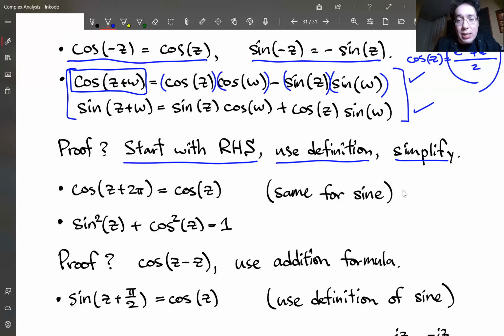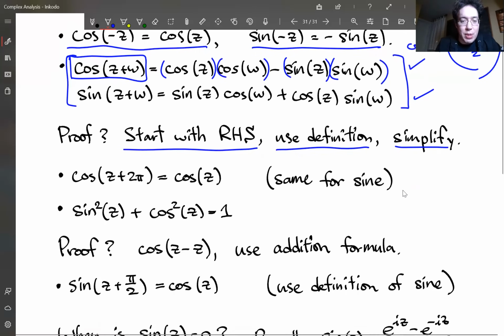So this is great because so many of the trig relations that we have are derived from these two equations. So if these two equations hold in the complex sense, then a lot of the trig identities also hold for complex numbers.